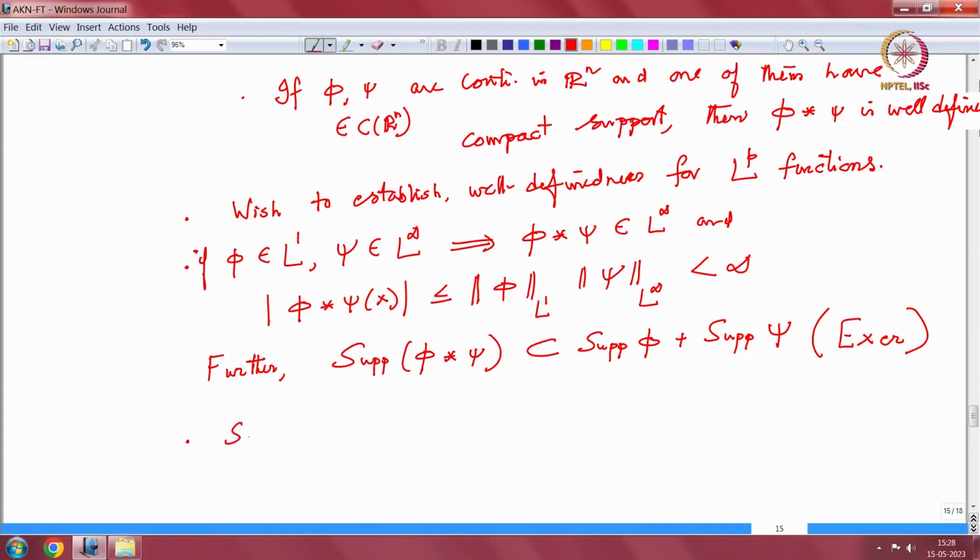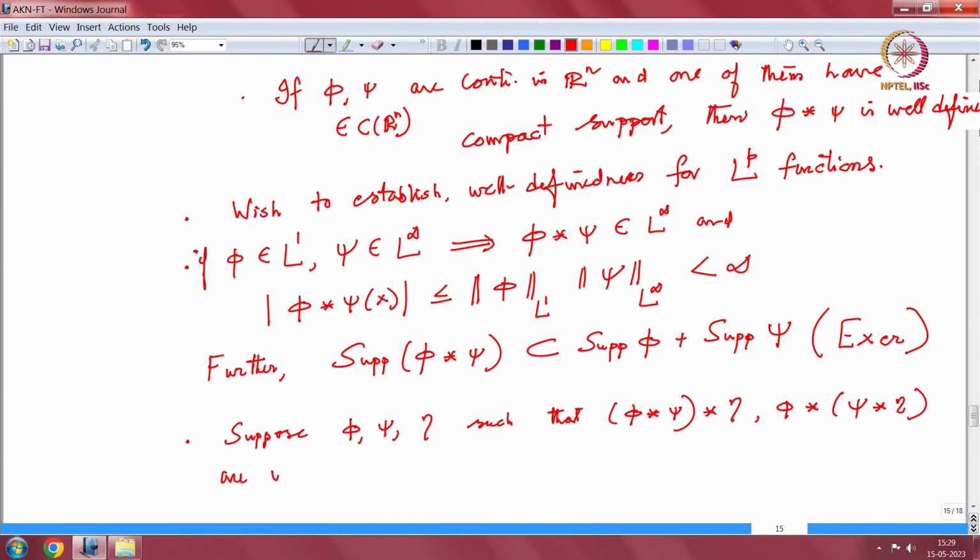Suppose phi, psi, eta are such that you can take the convolutions phi star of psi, then you convolve with eta, and phi star of psi star eta, assuming that the well definedness is there, are well defined, then they are equal.